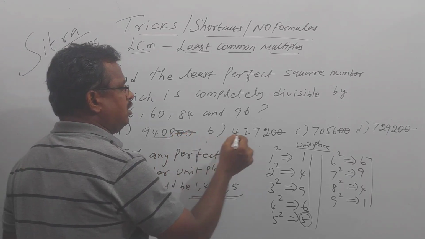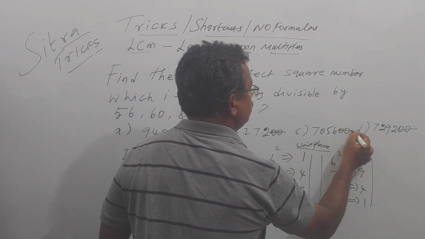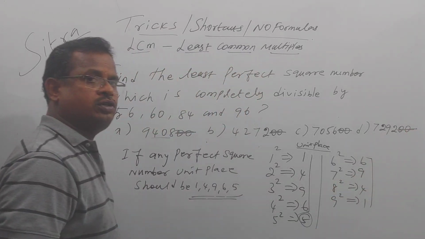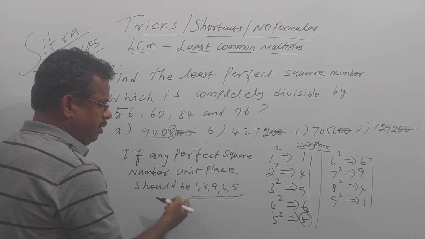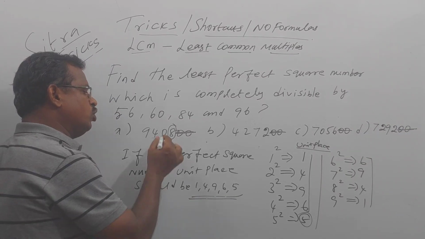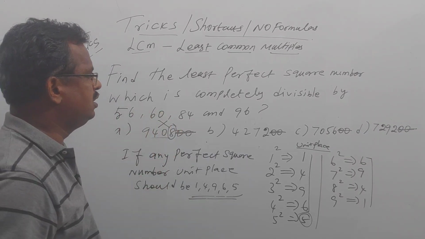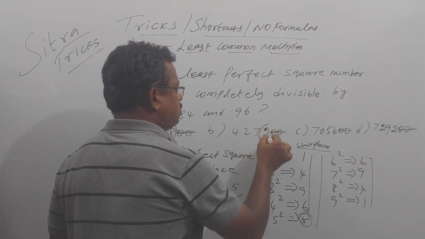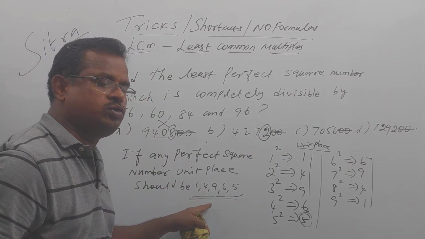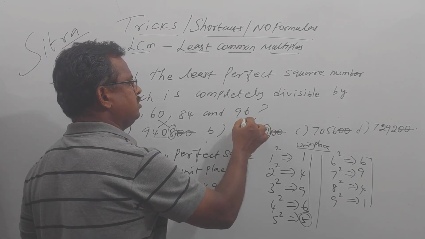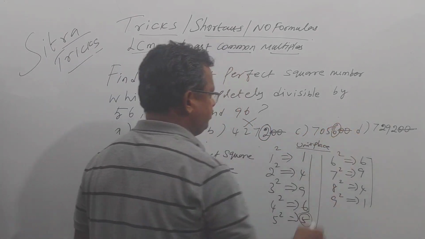Already we cancelled the common two zeros. Here the unit place is 8. Is there any perfect square whose unit place is 8? No, so this is not the answer. Here the unit place is 2. Any perfect square with unit place 2? No. Here it is 6.